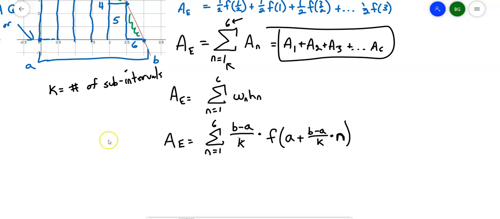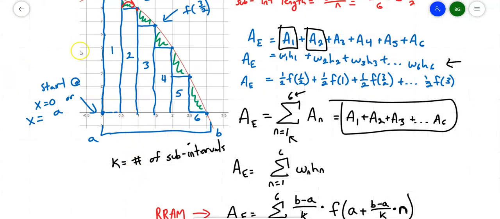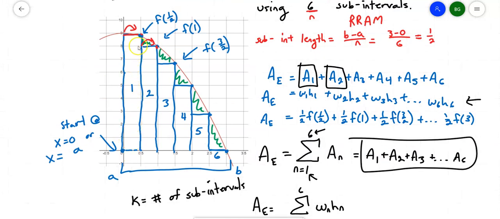Now keep in mind, this is for the right-handed approximation method. So that might look a little different if you're doing the left-handed approximation method, because the very first rectangle, you don't have to already move over the width of that rectangle.